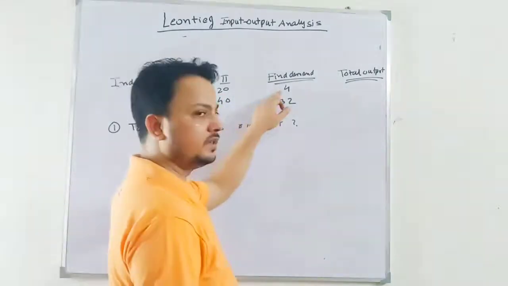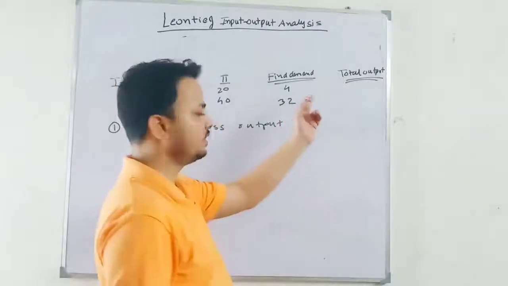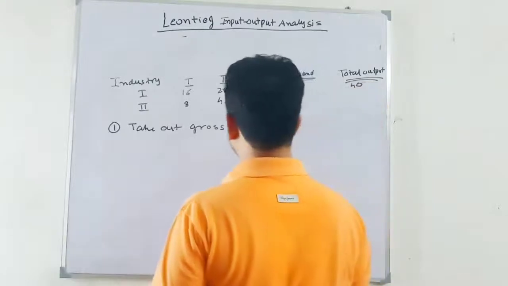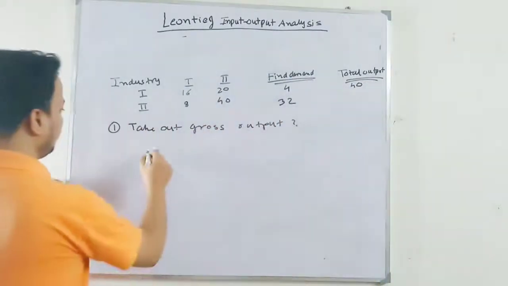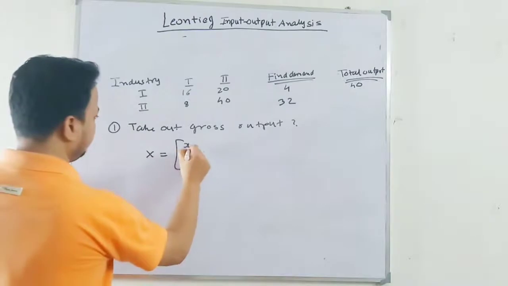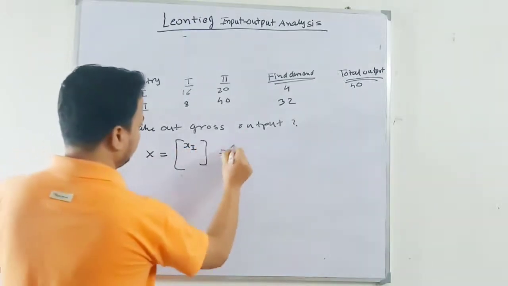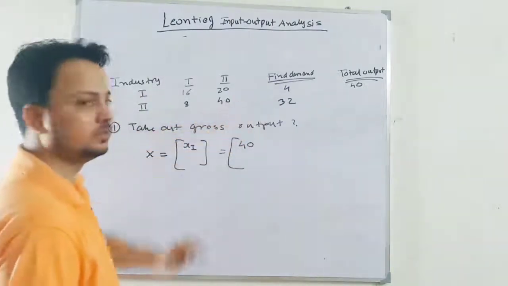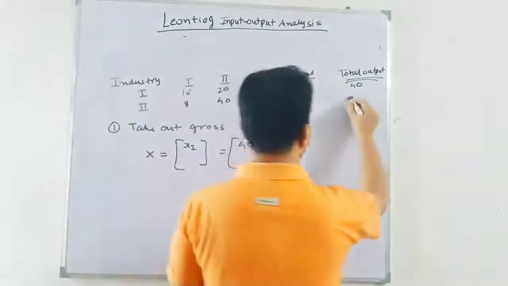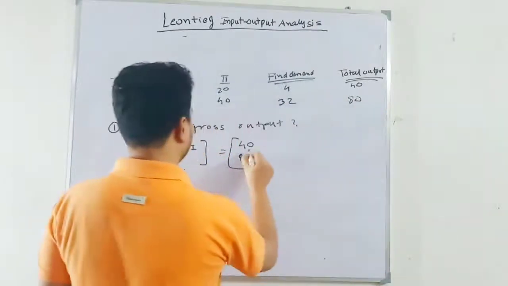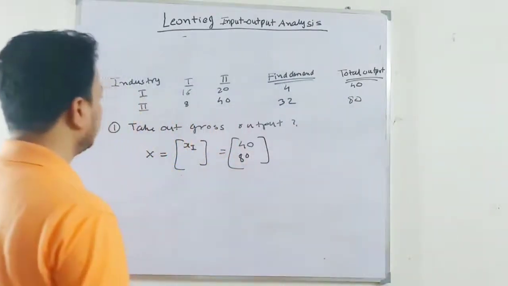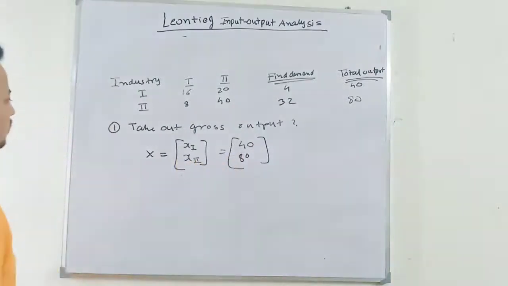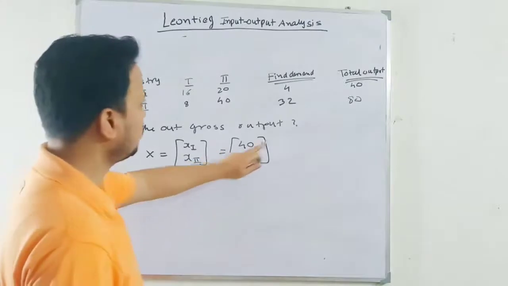This is external demand for the first industry. We add these and get the output of the first industry, which is 40. Similarly for the second, the gross output is 80. This is X2. So the gross output of industry 1 is 40 and the gross output for industry 2 is 80.